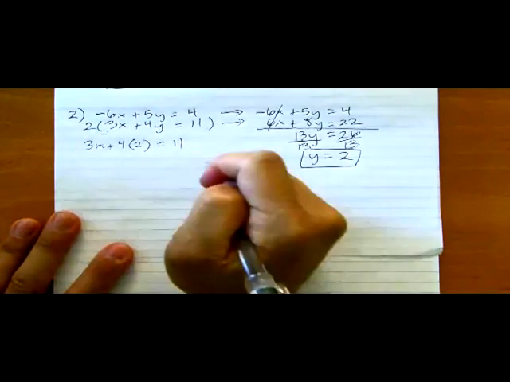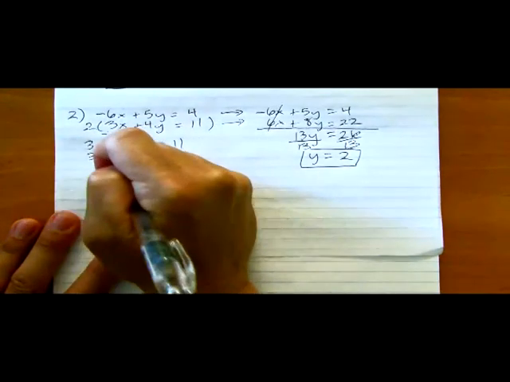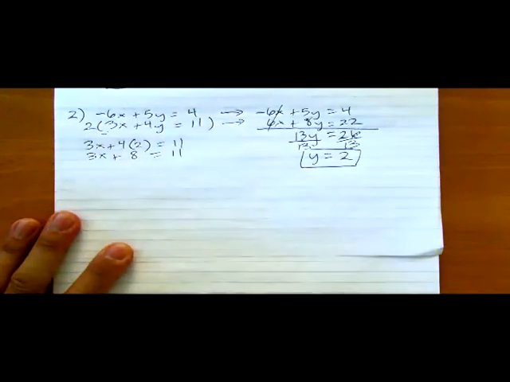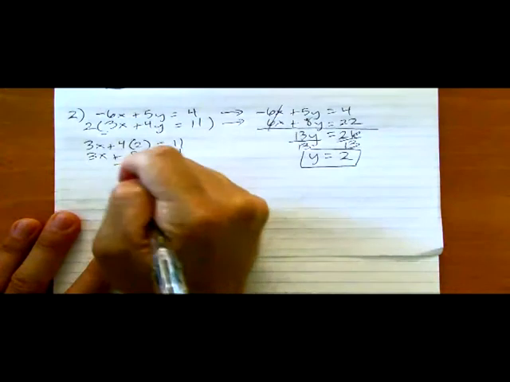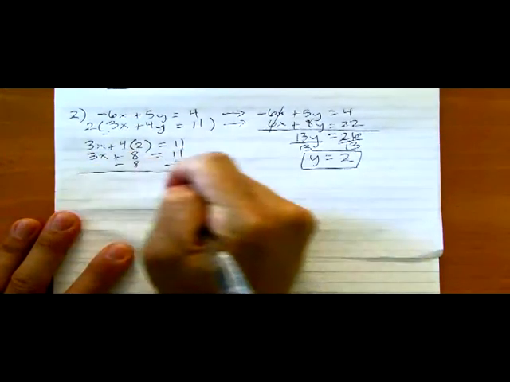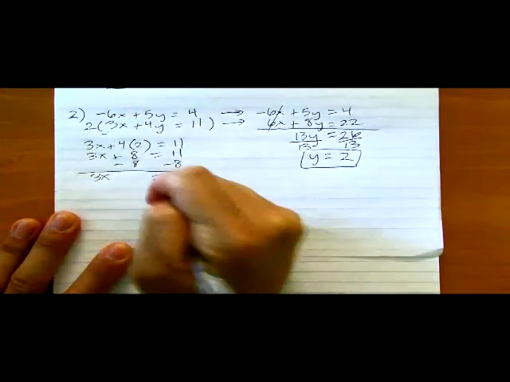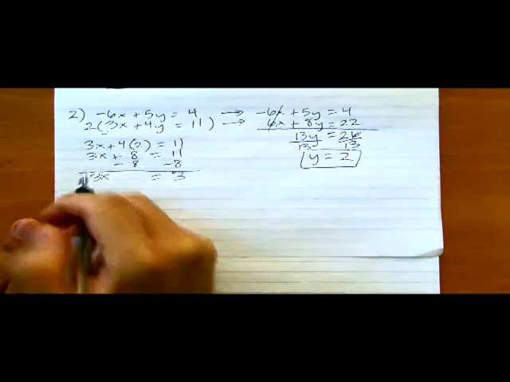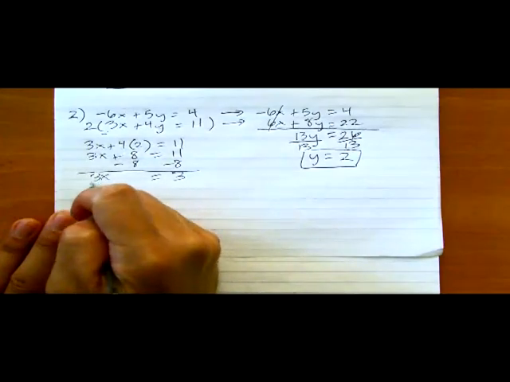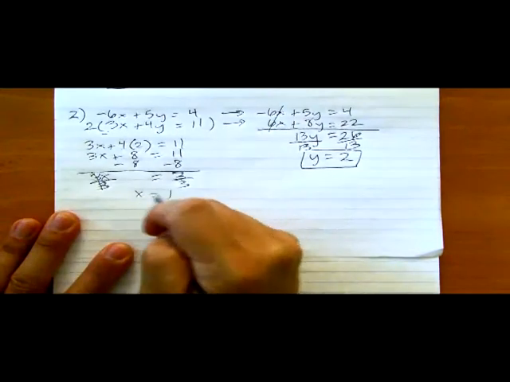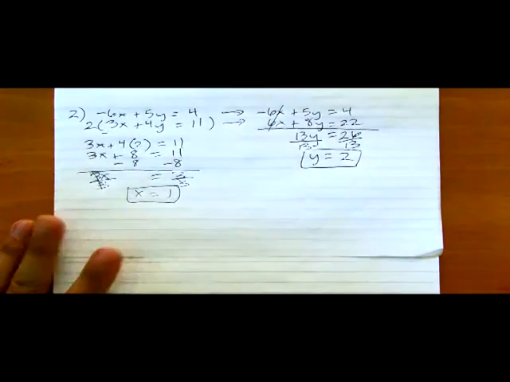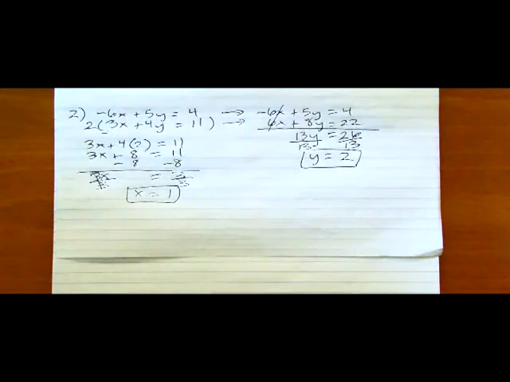Now, we just got to solve for x. 3x plus 8 is equal to 11, and then we try to get the 3x by itself. We're going to subtract 8 on both sides. 3x equals 3, and now we get x by itself. We need to undo the multiplication. Divide. x equals 1. And that's your solution.